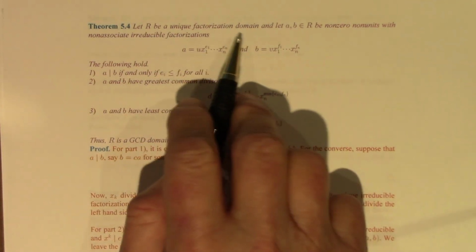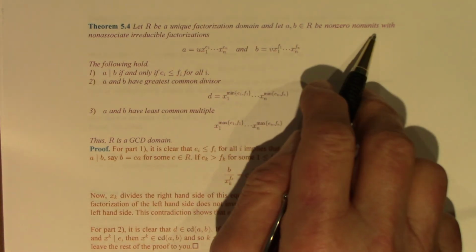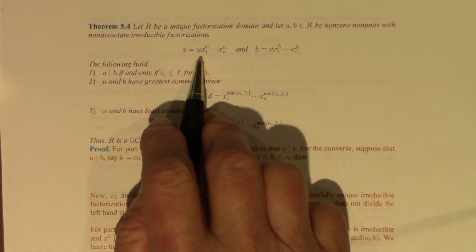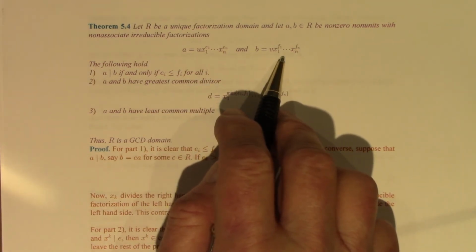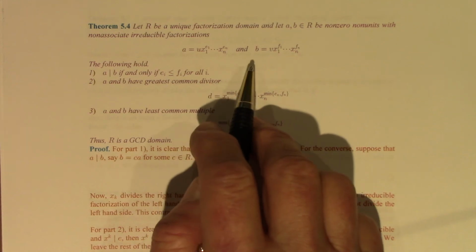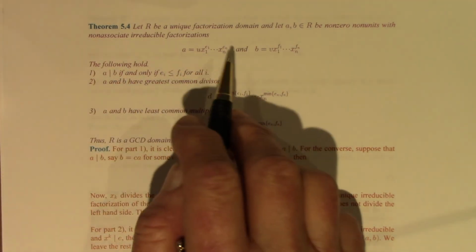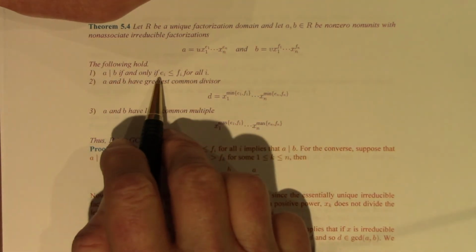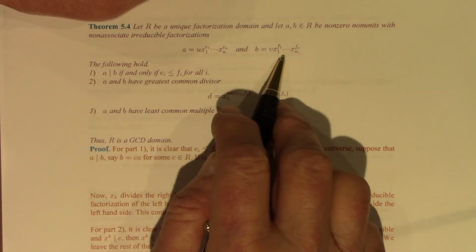Let R be a unique factorization domain, and let A and B be non-zero non-units with non-associate irreducible factorizations. Then the following hold. A divides B if and only if, as you would expect, e_i is less than or equal to f_i for all i.